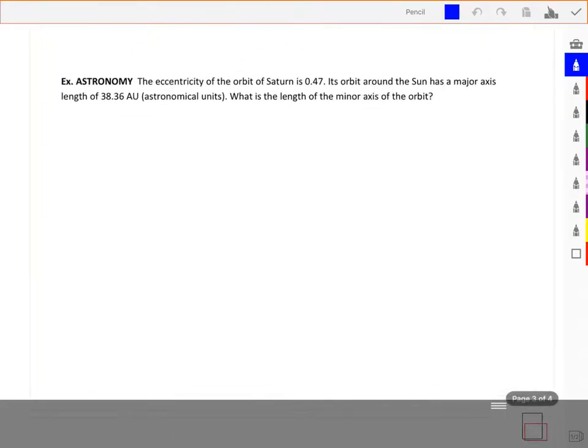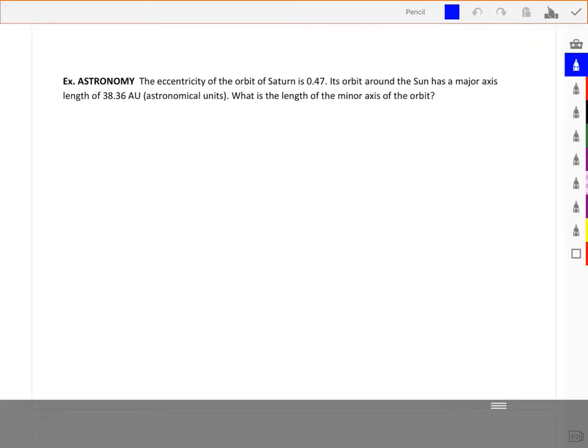The eccentricity of the orbit of Saturn is 0.47. Its orbit around the Sun has a major axis length of 38.36. Remember that right there? That's your 2a, because it's the length of the major axis. What is the length of the minor axis of the orbit? Remember, the length of the minor axis is 2b.